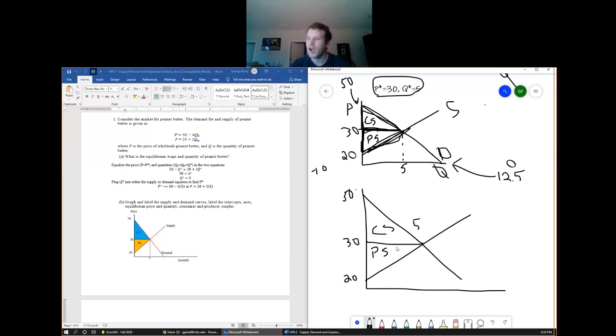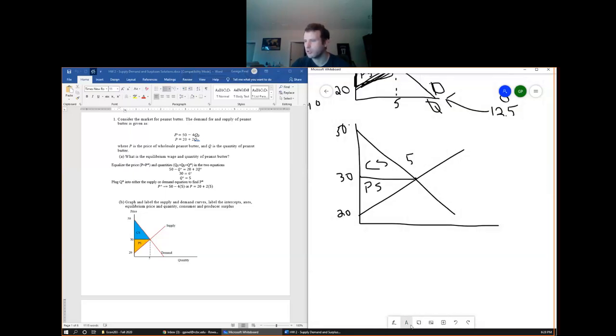All right, so what we want to find is the consumer surplus, which we said was the area of this triangle here, right, between the demand curve and the equilibrium price. Okay. So now I just need to find what this area of the triangle is. So the area formula for a triangle equals 1/2 base times height.